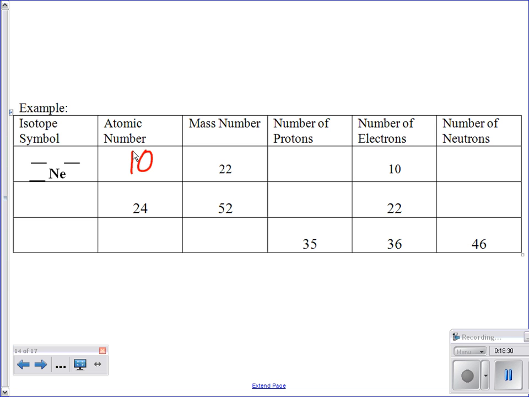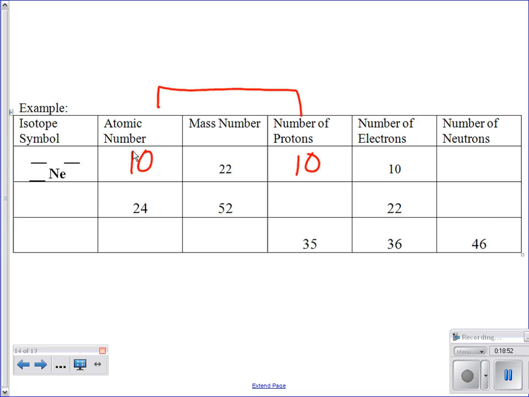We know that there's a mass number of 22, and we want to figure out our number of protons. Nina, what do you think? It would be 10 because we know our atomic number and our number of protons are always going to be the same.